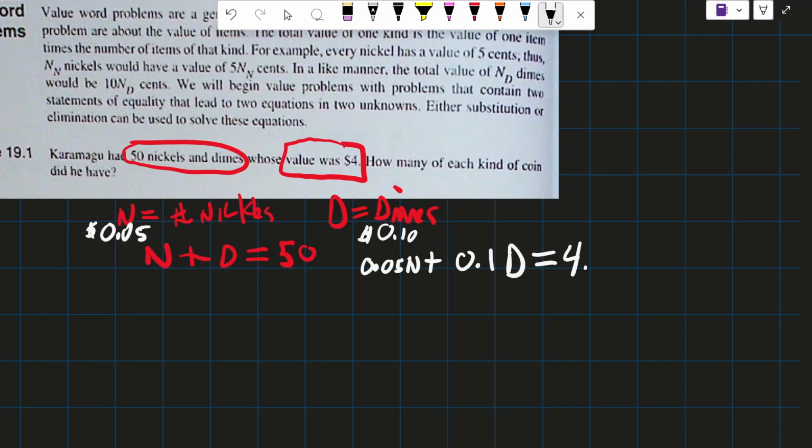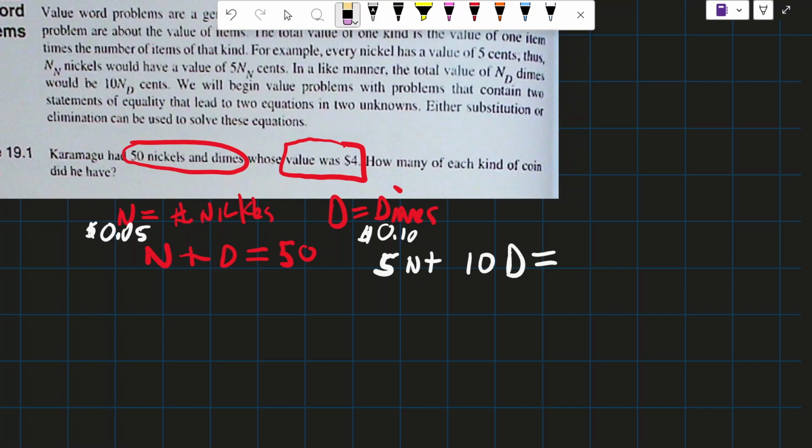So we need to figure out a way to eliminate one of these variables, right? And remember, you're in charge of this problem here. So let me show you what happens if I rewrite the nickels and dimes problem, and say that a nickel is worth 5 cents and a dime is worth 10 cents.